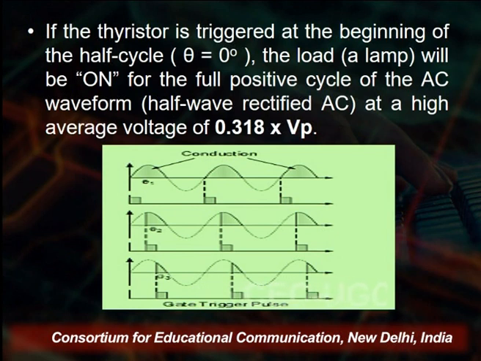Lamp illumination is for a shorter time. Then we can use a silicon controlled rectifier as an AC light dimmer, as well as in a variety of other AC power applications such as AC motor speed control, temperature control systems, and power regulator circuits, etc.